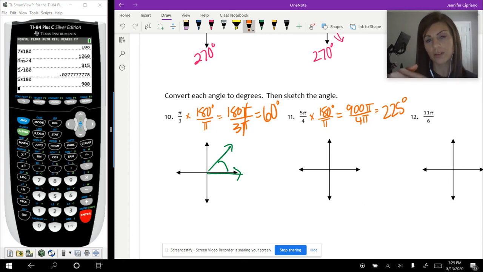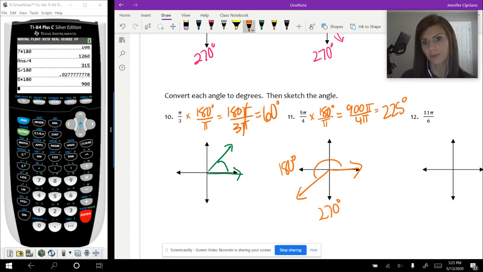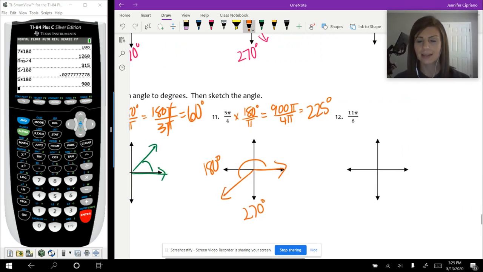So thinking about what each axis represents, 225 is going to be between 180 and 270. It's actually halfway between them. So starting at 0 degrees, 225 would be a rotation to right there.